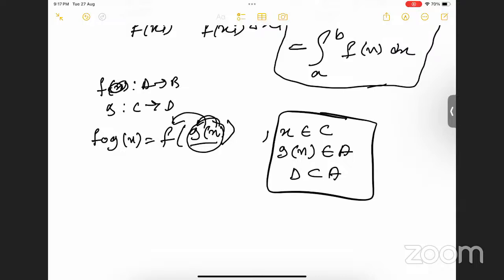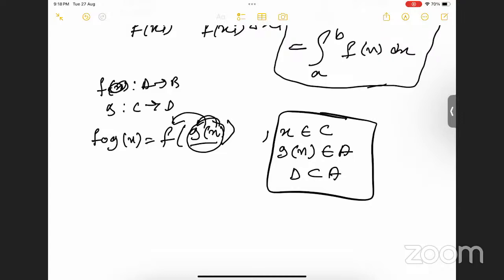Ma'am, I was attending the previous session, and there I got to know that in order to find the domain of a composite function, you should not find the composition of the function first and then go on to find the domain. You should find the domain separately of each function, f of x and g of x.